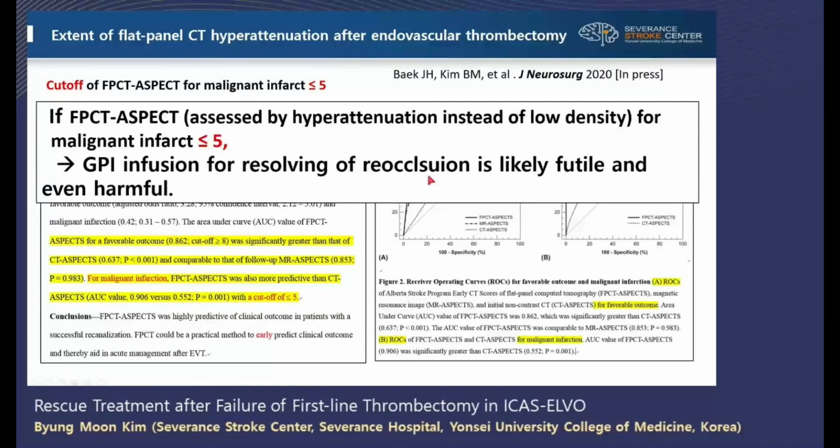So if flat panel CT ASPECTS for malignant infarct is less than 5, GPI infusion for resolving of reocclusion is likely futile and even harmful.